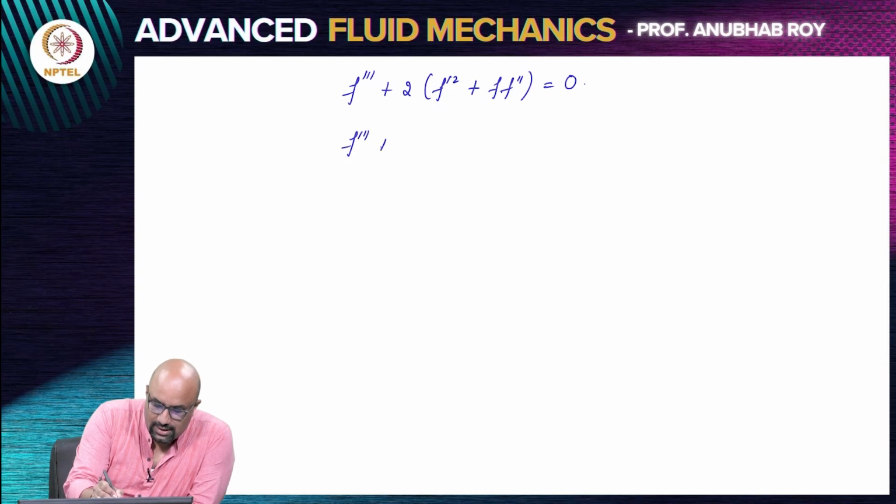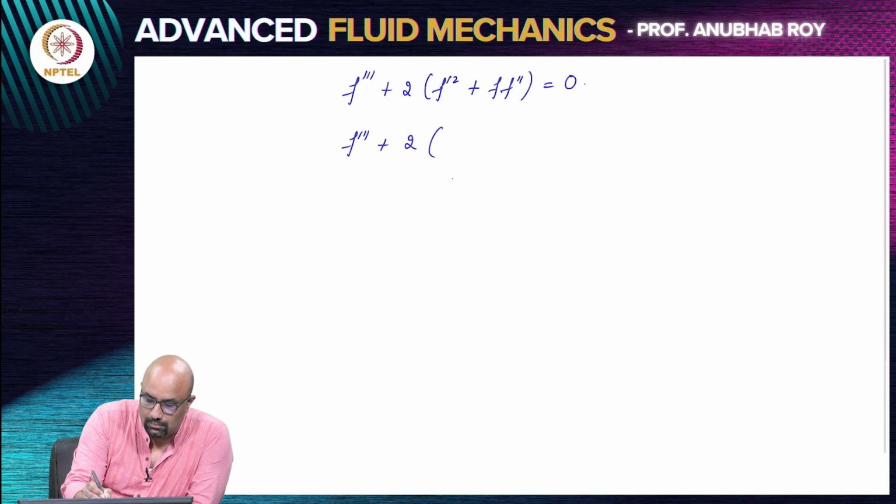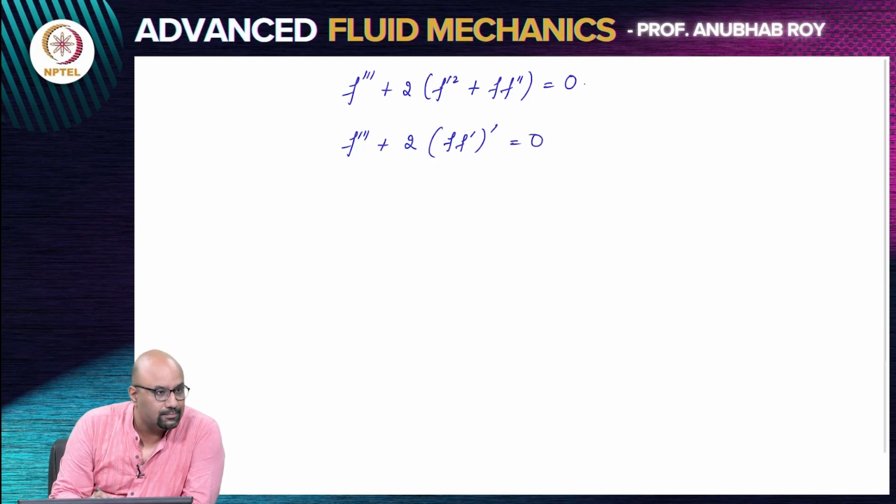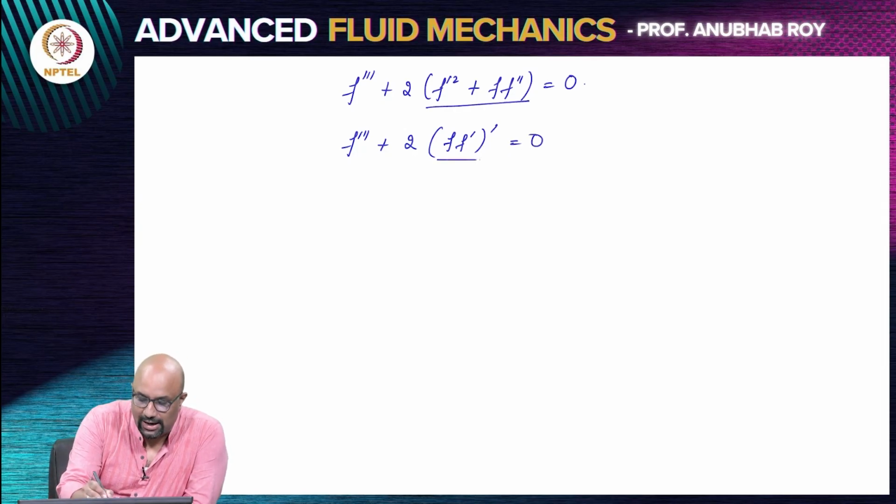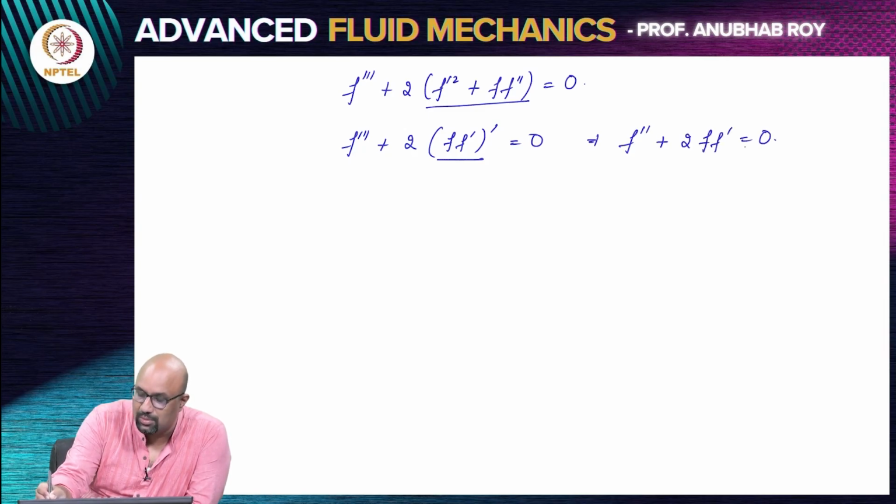I can write this as f triple dash plus 2 times the bracket. Can I write it this way? The term inside the bracket is a derivative of f dash, which means if I integrate this once, I get f double dash plus 2 f f dash is equal to 0.